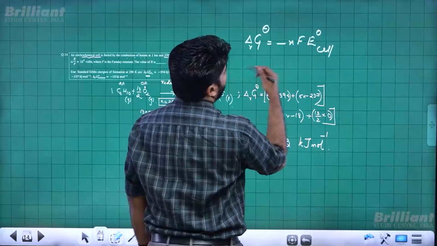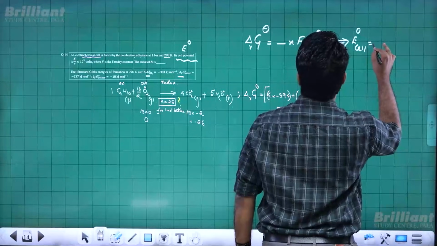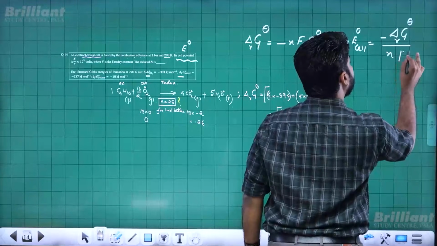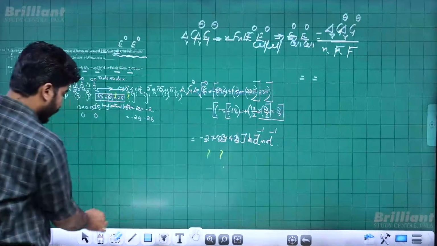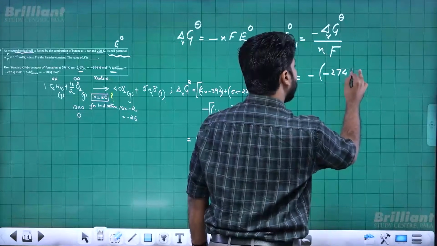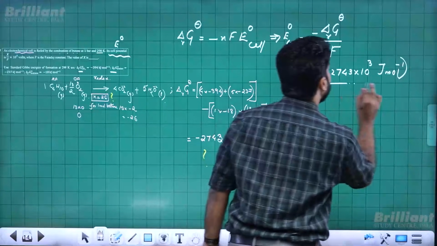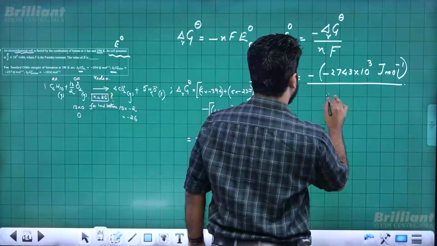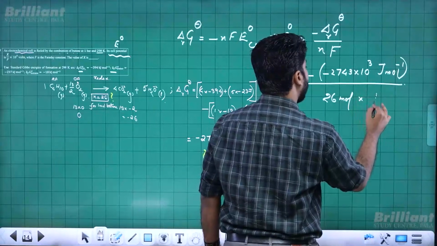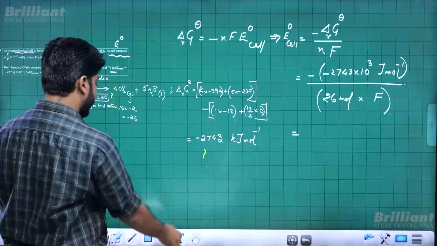So here simply E naught cell is minus Gibbs energy of the reaction divided by nF. The Gibbs energy of the reaction is minus 2743 kilojoule per mole, so minus 2743 into 10 raised to 3 joules per mole, which is an SI unit now, divided by n, which is 26 for 1 mole of butane, times Faraday.